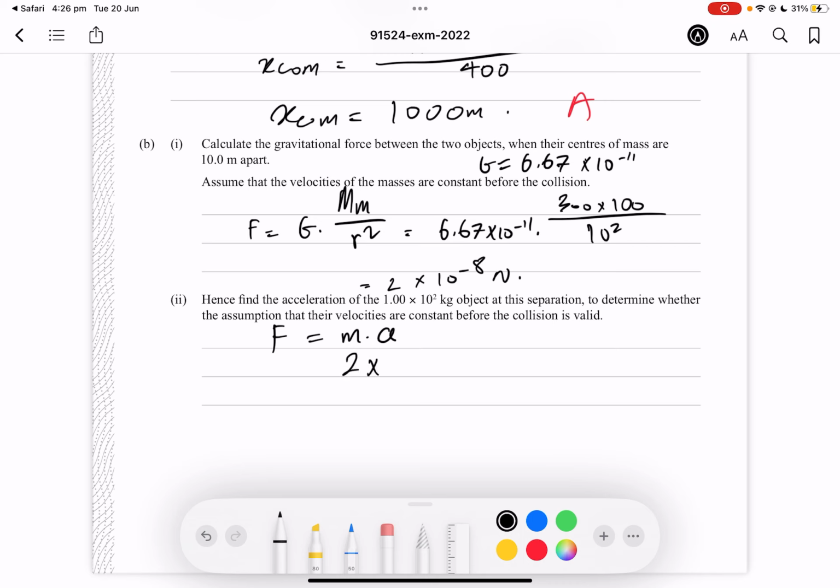So 2 times 10 to the power of negative 8 is the force exerted onto the 100 kilogram object, and it's also exerted on the 300 kilogram object. They're attracted to each other, so there'll be a force on both of them. So this will be equal to the mass, which is 100, multiplied by some acceleration. So acceleration would be 2 times 10 to the power of negative 8 divided by 100, and that's 2 times 10 to the power of negative 10 meters per second squared.